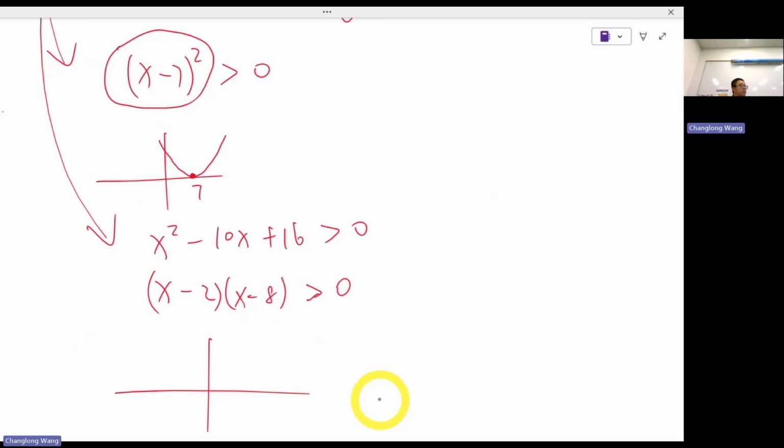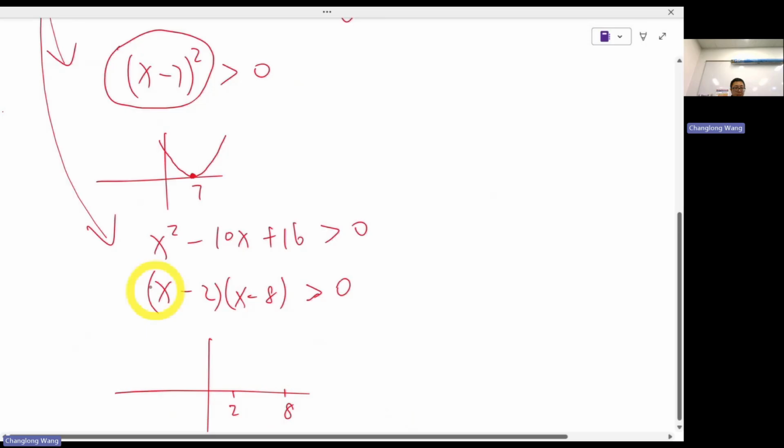It's still a parabola. Are there any zeros? 2 and an 8. And a parabola that opens, what's the leading coefficient? Is it positive or negative? Positive, so it has to be an upward-opening parabola. That's the only way you can draw it. But now I want the graph to stay above the horizontal axis.